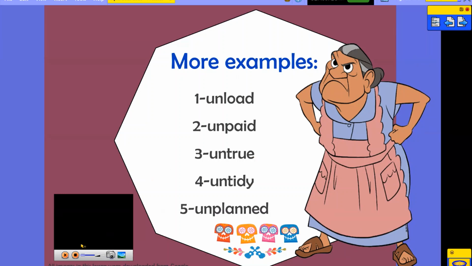okay? I'm going to give you 30 seconds. I want you to choose one of these 5 words and write a sentence. Start.